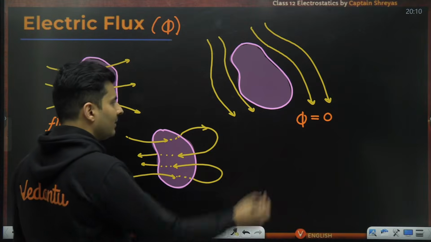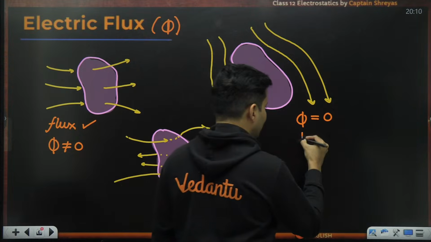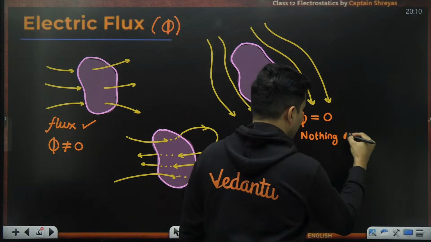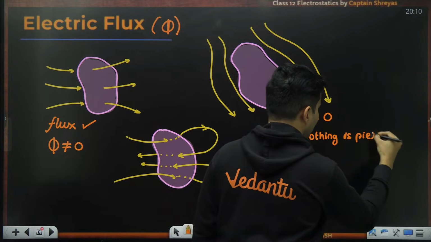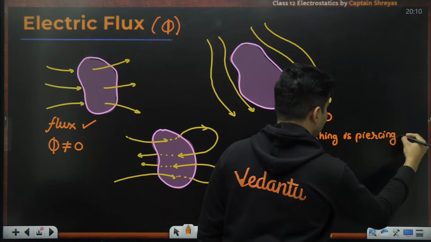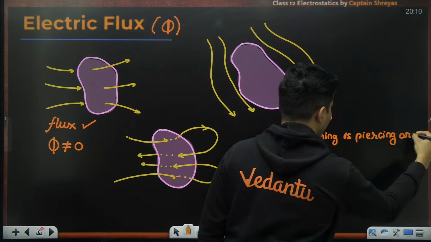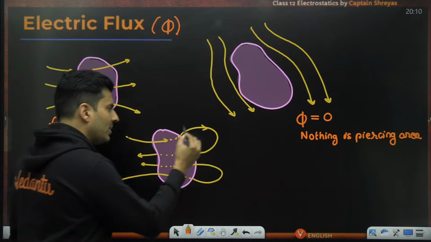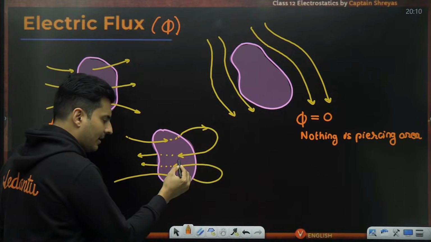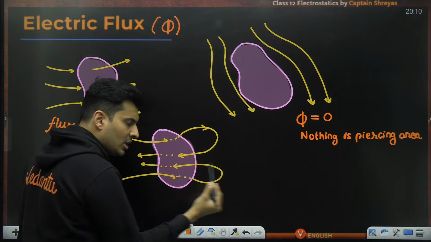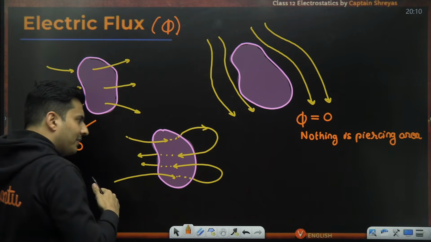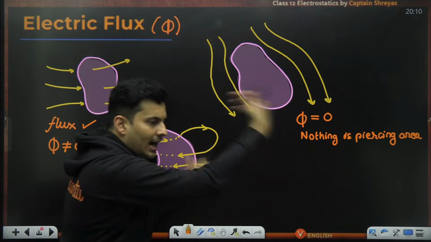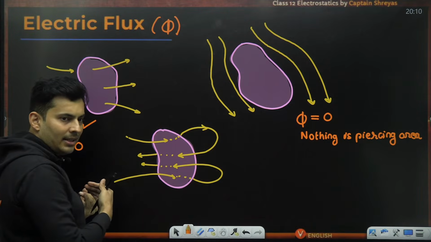Welcome aboard. The flux is zero, and the reason for that is nothing is piercing the area. Over here, a line pierces, but again pierces back in the opposite way. So whatever field or flux crosses this side again comes back to this side.